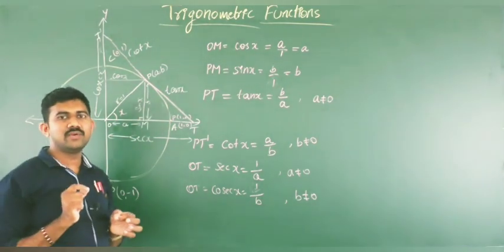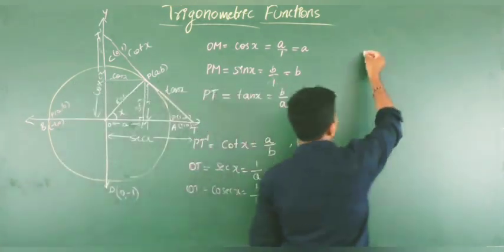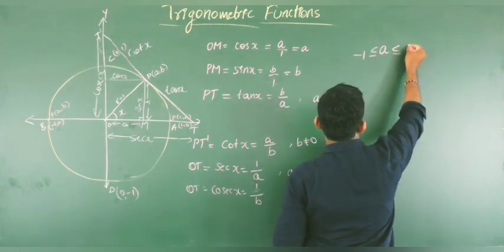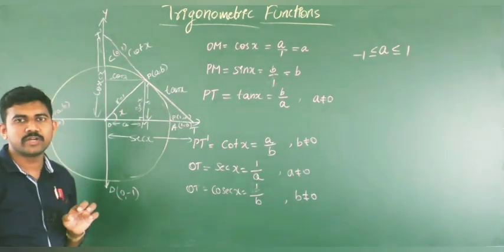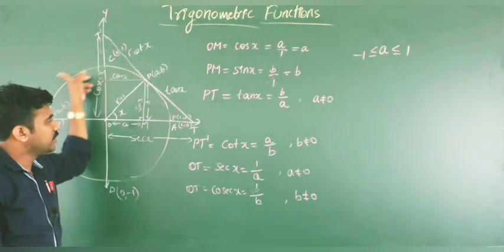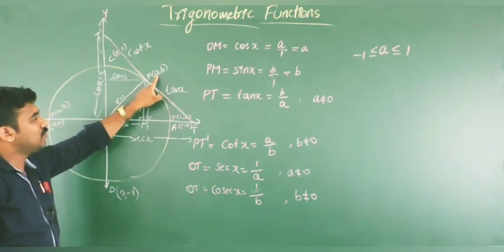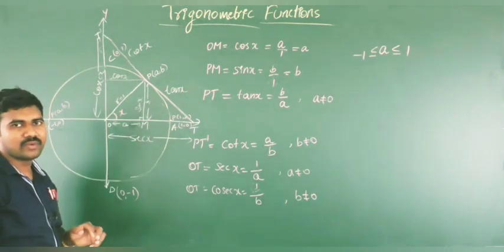Since P is a moving point, we can consider P anywhere on the circle. So the minimum a value is -1 and the maximum is 1.